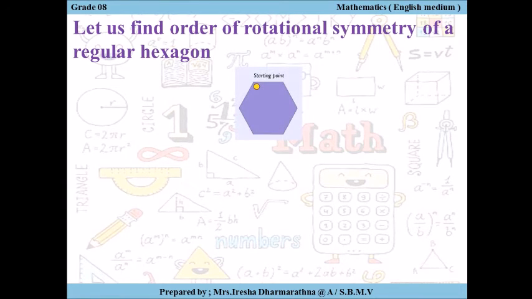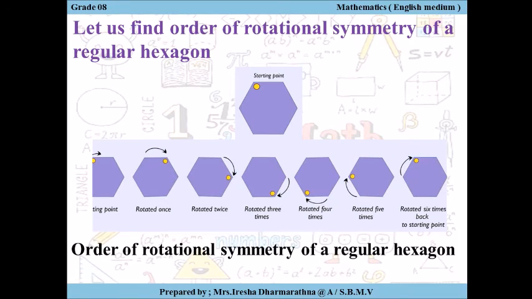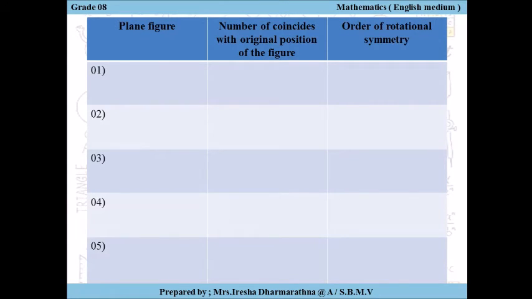Now here you can see the regular hexagon coincides with its original figure in 6 times. That means order of rotational symmetry of a regular hexagon is 6.